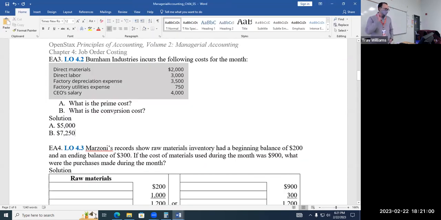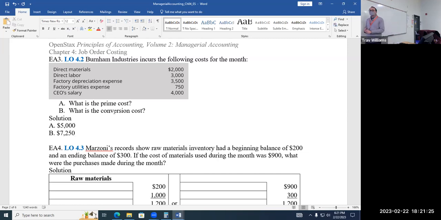So just to elaborate on that, the prime costs are, how can I say it? If you think about the cost of making a product, primarily the materials that go into it and the labor that's involved with making it, right?